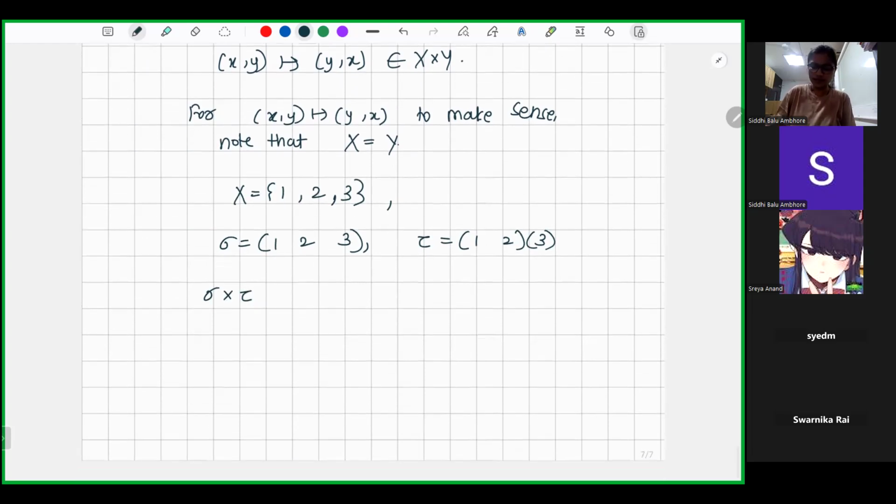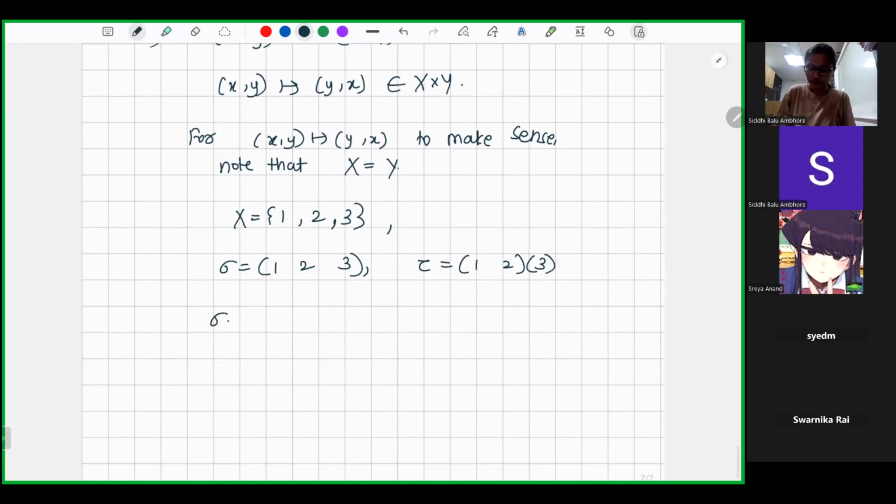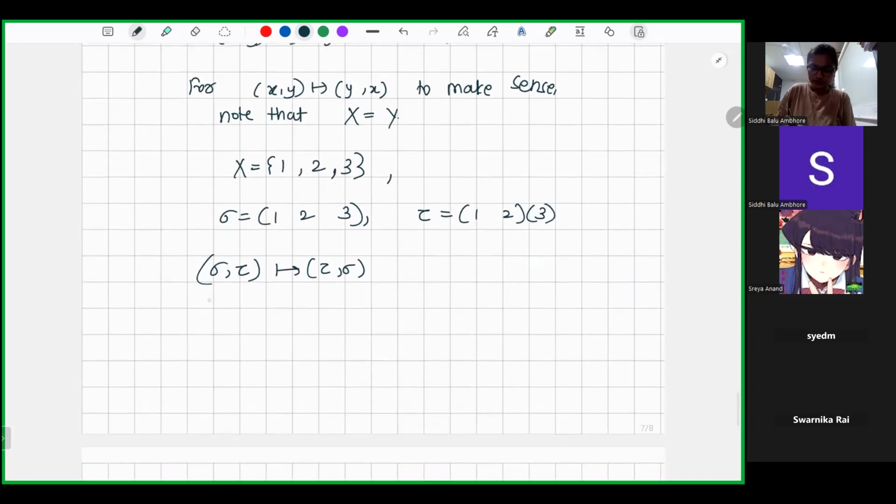This sigma tau is now going to tau sigma. So the element 1, 2, 3, comma 1, 2 is going to 1, 2, comma 1, 2, 3.